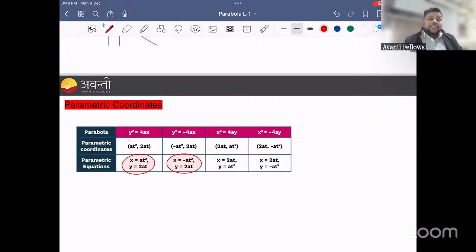How do we remember this? From y square equals 4ax, just interchange x and y. So it will be (2at, at square). And for this one, it will be (2at, minus at square).